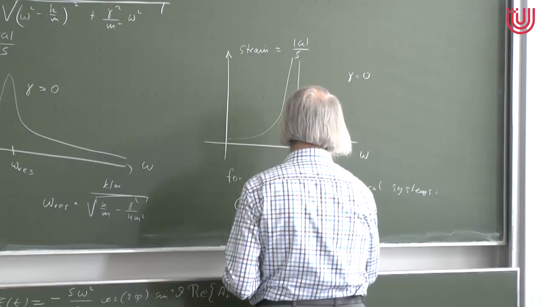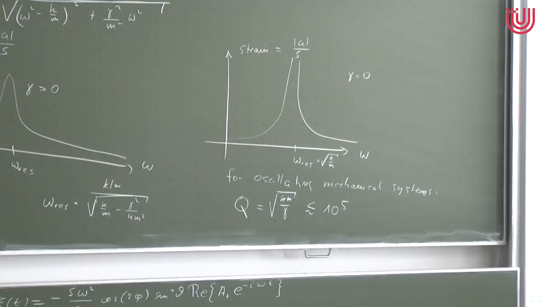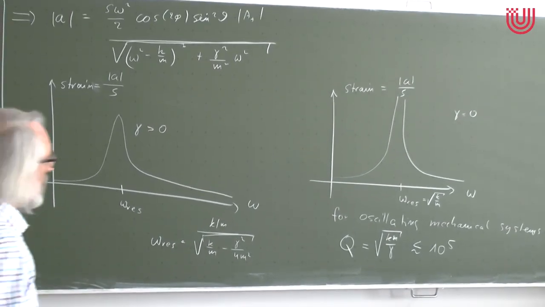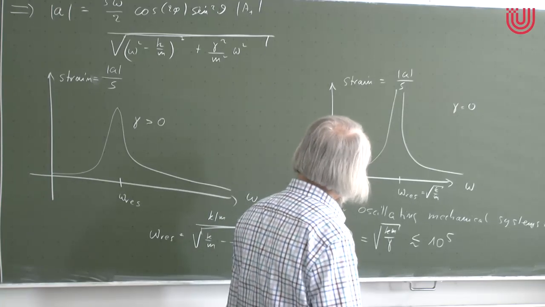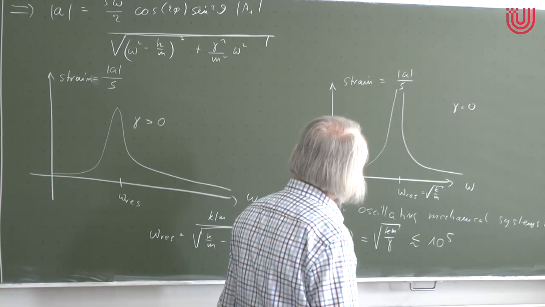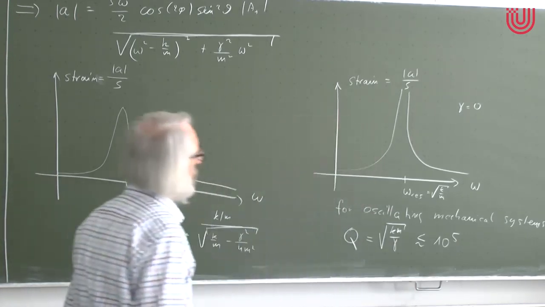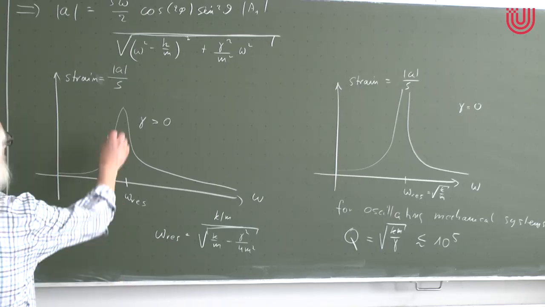This is limited by something like 10 to the 5. If you have a mechanical oscillating system, a big metal block or something like that, where you excite a resonance frequency, then you cannot manage to make this Q bigger than something like 10 to the 5.